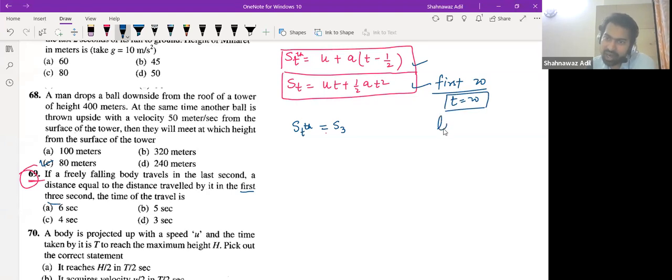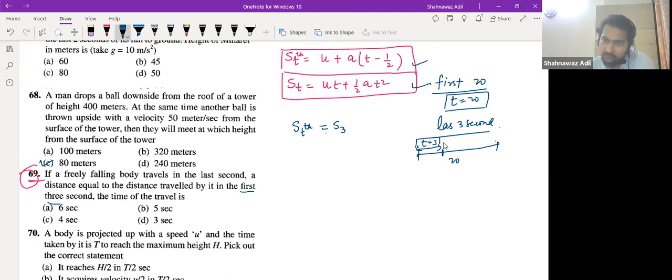But if I say last 3 seconds, you are counting the clock from the final point. Let's say the total time is 20 seconds. If you say first 3 seconds, you count from here, so t is 3.